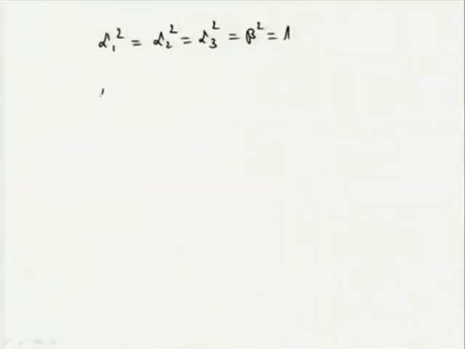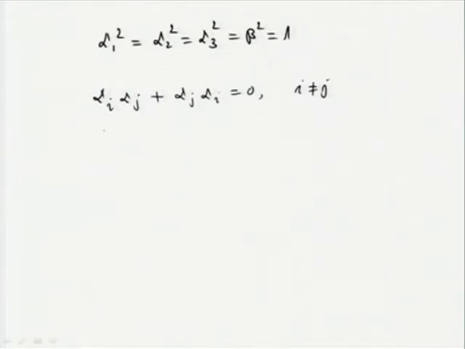So, that tells us that alpha i alpha j plus alpha j alpha i equal to 0 if i is not equal to j. I equal to 1, j equal to 2, it is alpha 1 alpha 2 plus alpha 2 alpha 1, which is equal to 0.